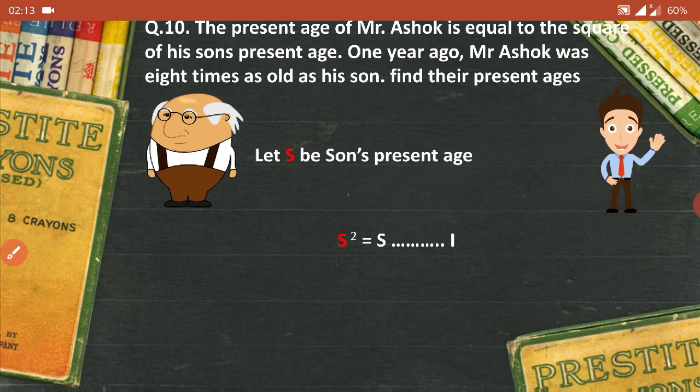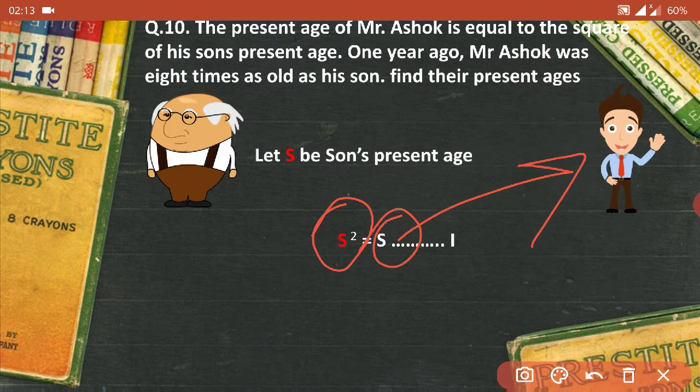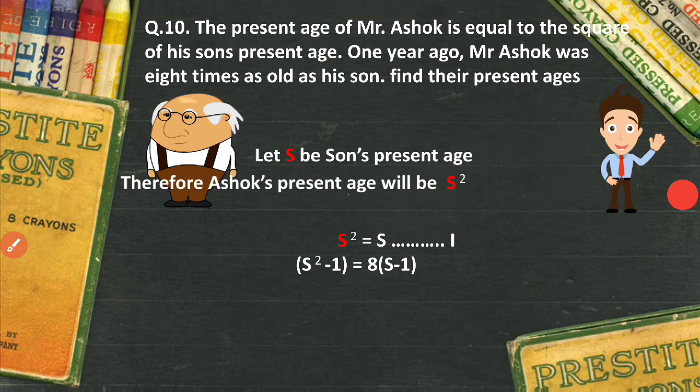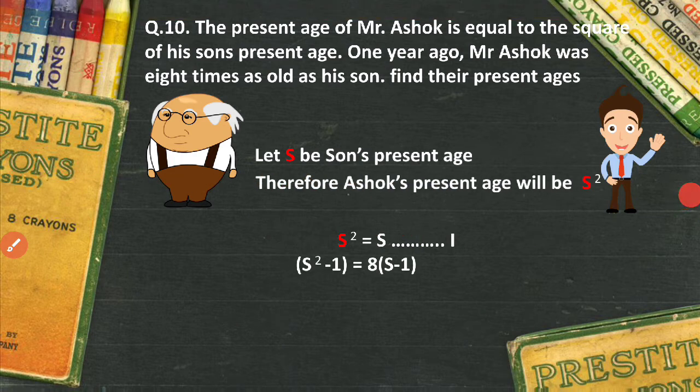Okay, now 1 year ago. This is son's present age, this is father's present age. So 1 year ago would be whatever their present age is minus 1, whatever son's present age is minus 1, which would be s square minus 1 and s minus 1.